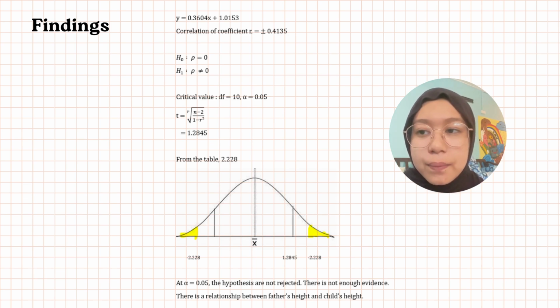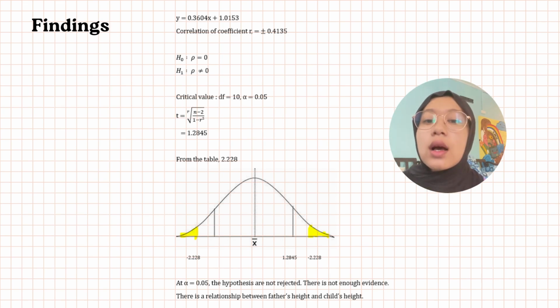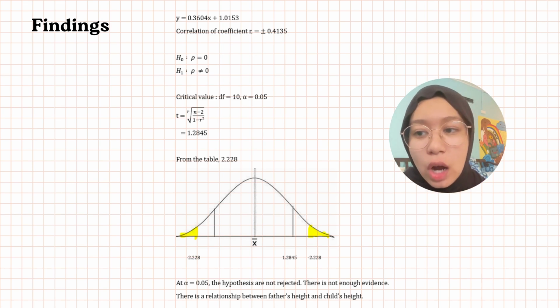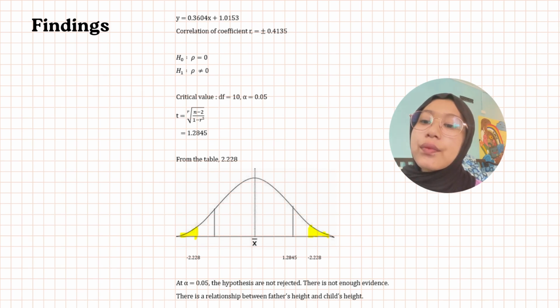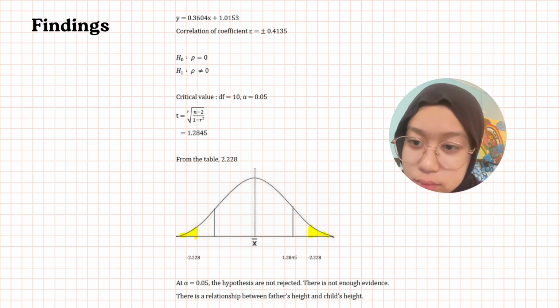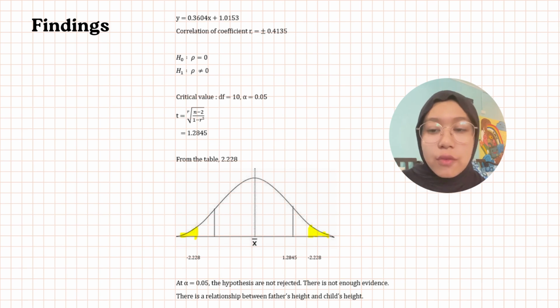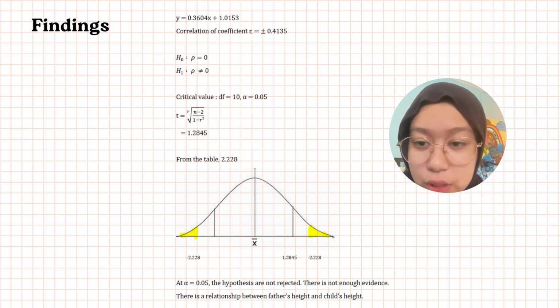So from the t table, the critical value that we got is 2.228. From the bell graph, we can see that the value does not fall in the critical region.